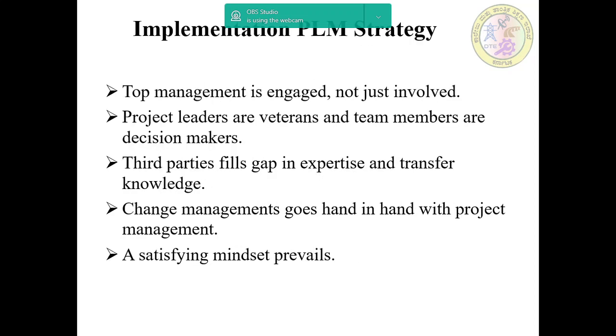First, we will take top management is engaged, not just involved. This is the first one, and in this, engagement and involvement are 2 different things.